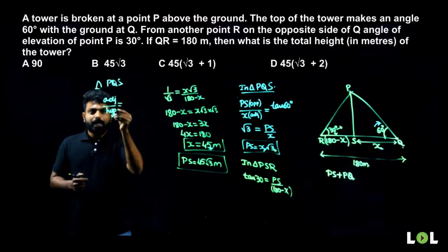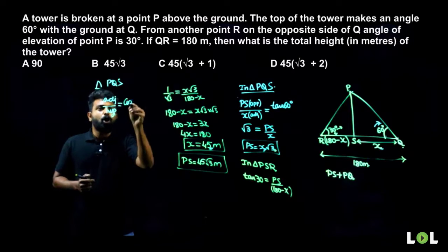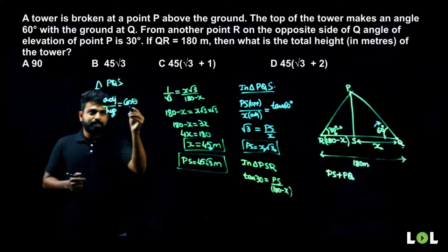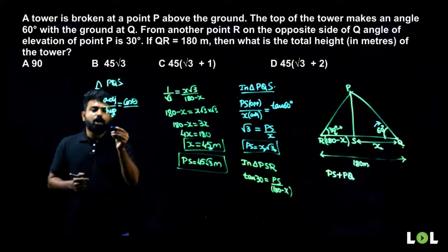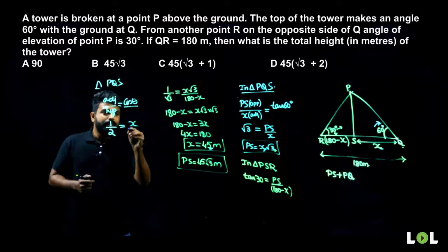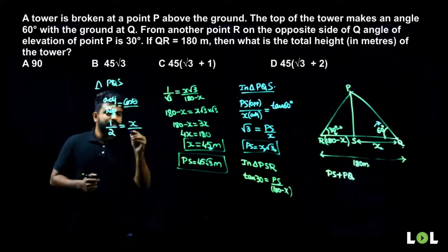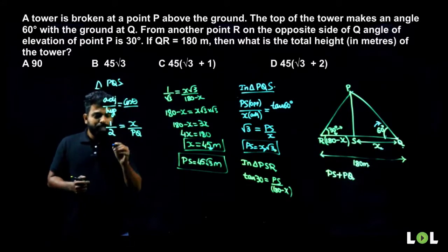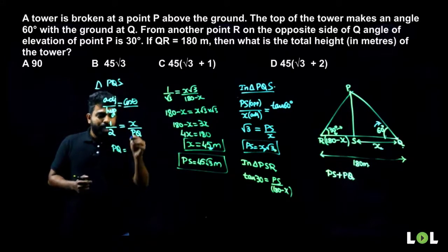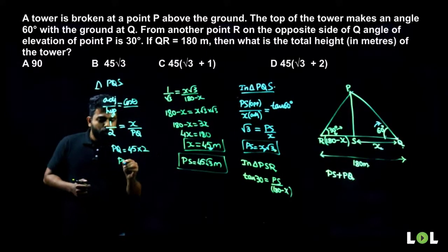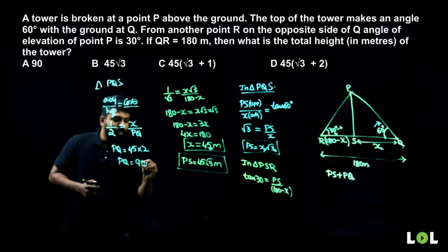What is adjacent by hypotenuse? It is cos theta. Theta is 60 degrees. What is cos 60 degrees? Cos 60 degrees is 1 by 2, and that is equal to adjacent, that is X, divided by hypotenuse, that is PQ. So PQ will be equal to 45 into 2. PQ will be equal to 90 meters.